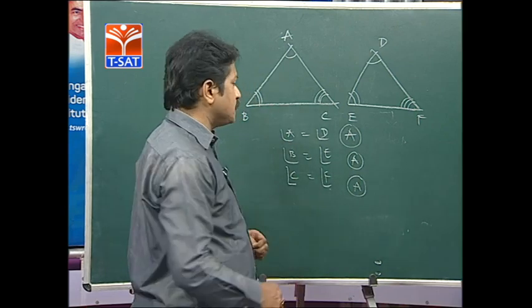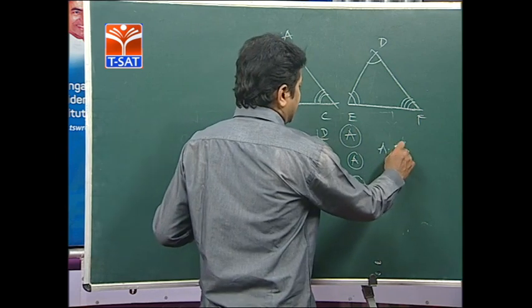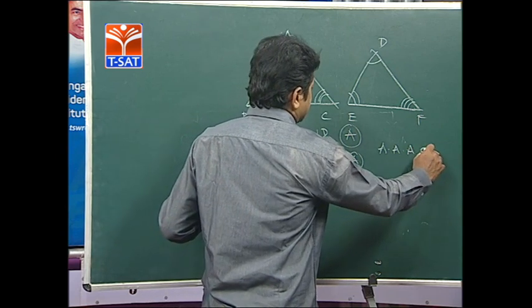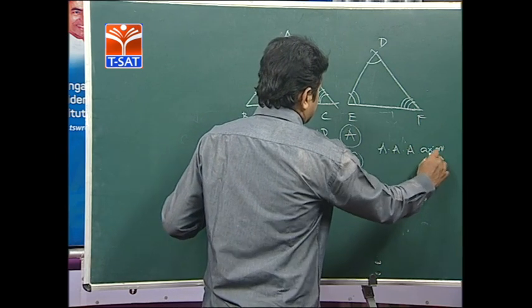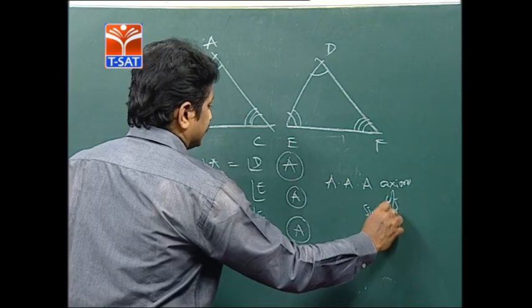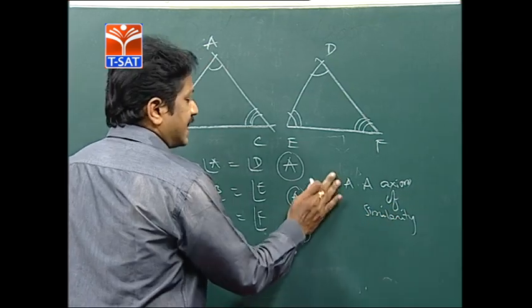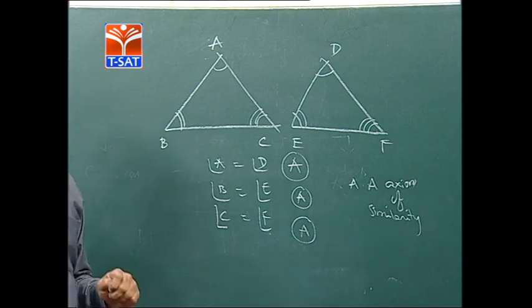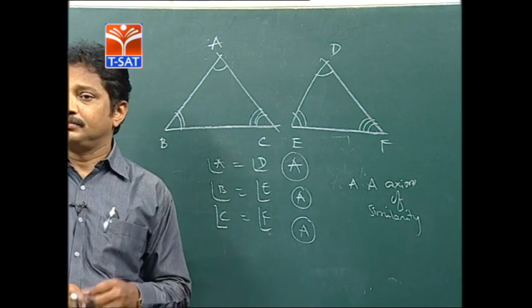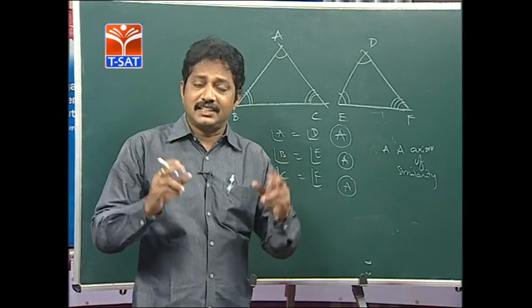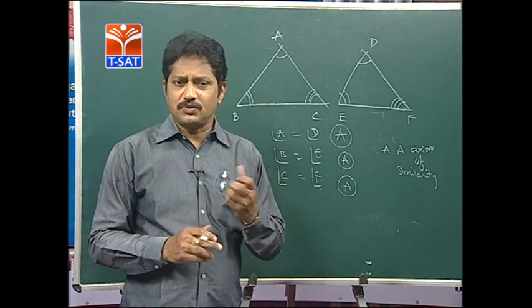But we are not using the AAA axiom of similarity. We say it is the angle axiom of similarity, but not the three A's. Can you imagine the reason?